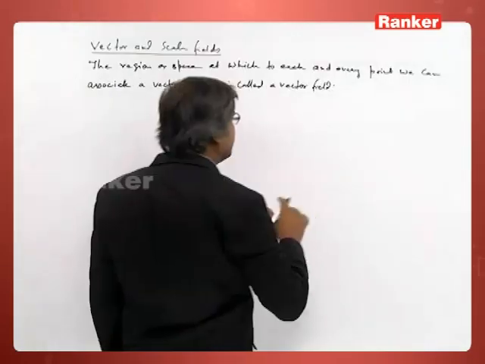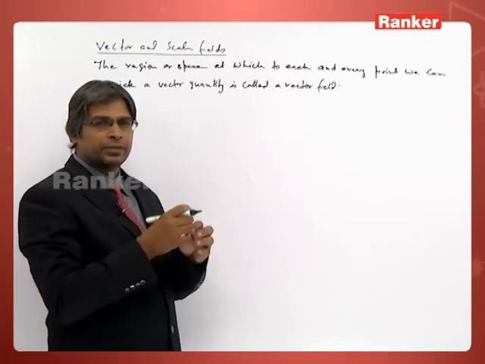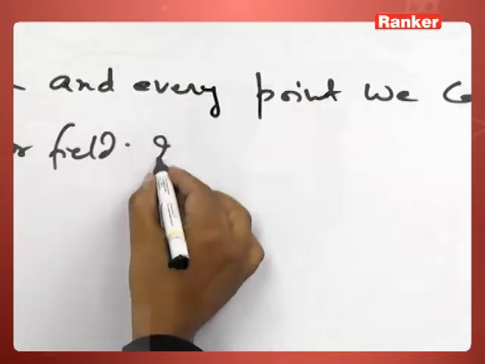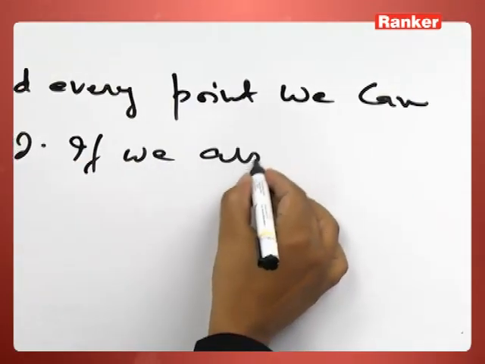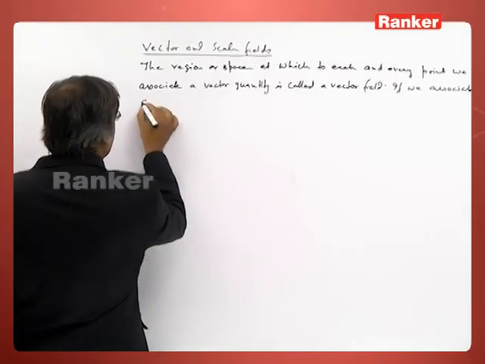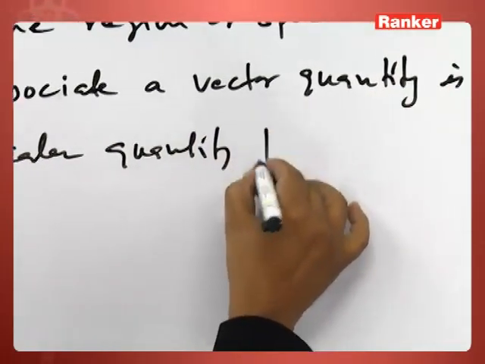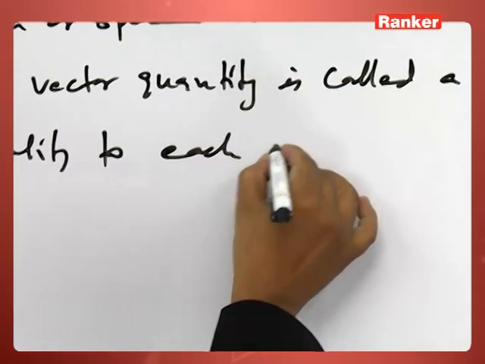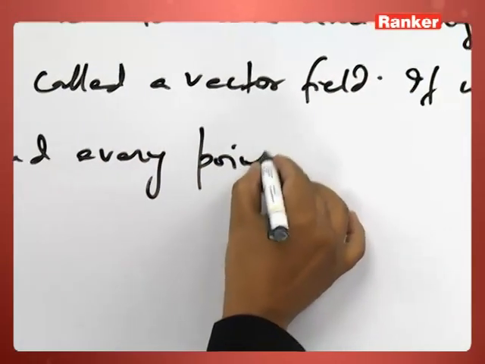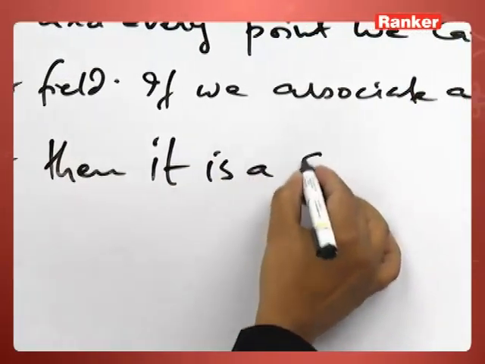So a region where we can associate a vector quantity to every point is called a vector field. What's a scalar field? If we associate a scalar quantity to each and every point, then it is a scalar field.